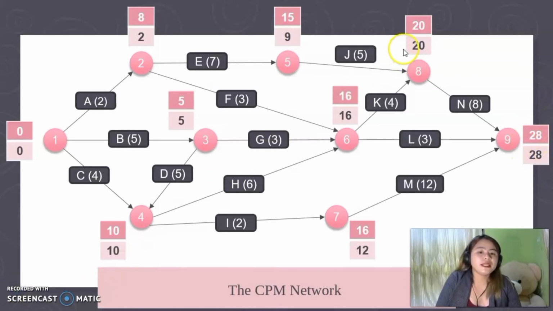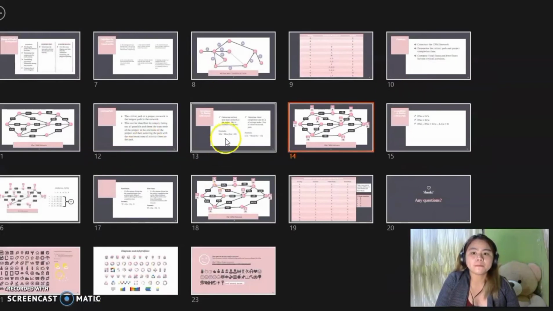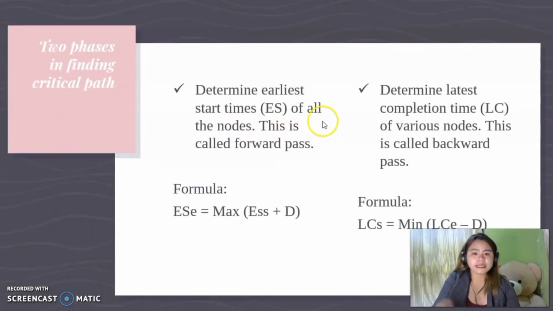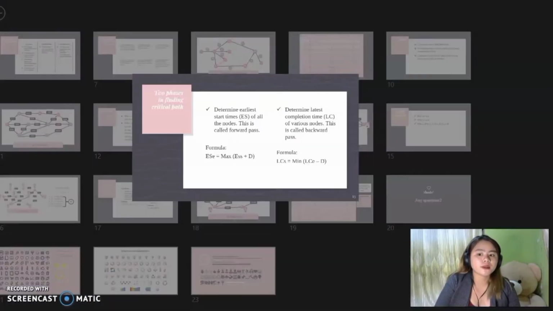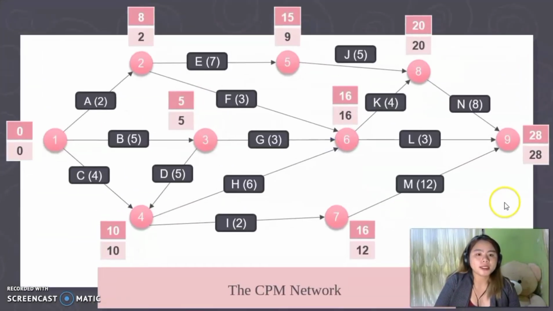So in determining the latest completion time, we are given this formula. The latest completion of the starting activity is equal to the minimum of the latest completion of the ending activity minus the duration. So the latest completion of our ending activity is 28 minus the duration.